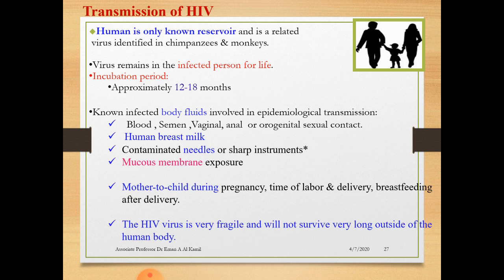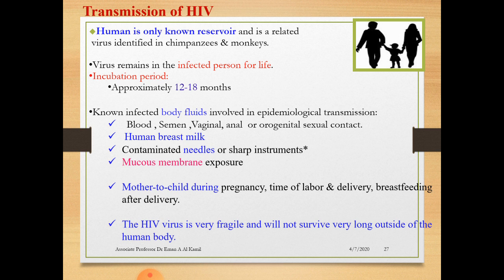The infection is mainly transmitted by infected body fluids involved in the epidemiological transmission, such as blood, semen, vaginal, anal, or orogenital sexual contact, human breast milk, contaminated needles or sharp instruments, and mucous membrane exposure by sexual contact.